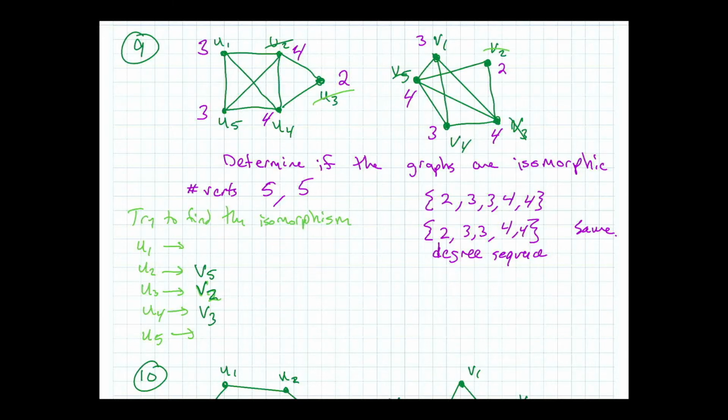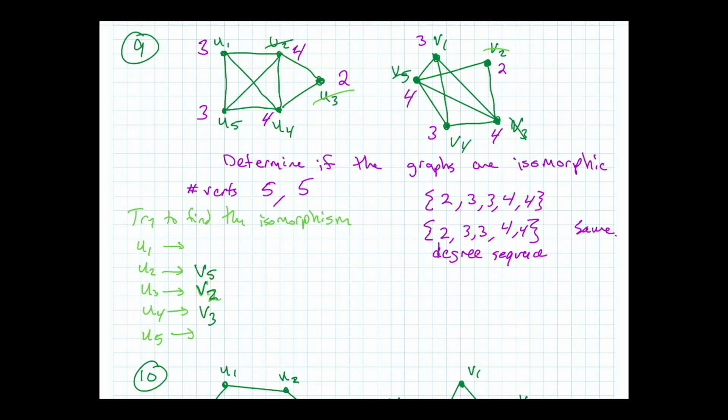For example, U2 and U4 are supposed to be adjacent to each other, right? The 2 degree 4 vertices are adjacent to each other. So you check over here, are the 2 degree 4 vertices adjacent to each other? Yes. So this little triangle that these make corresponds to this triangle over here.